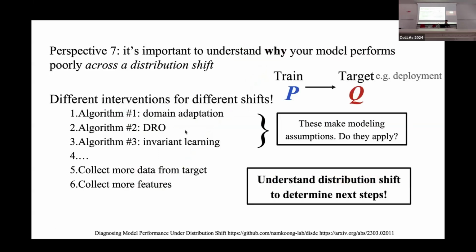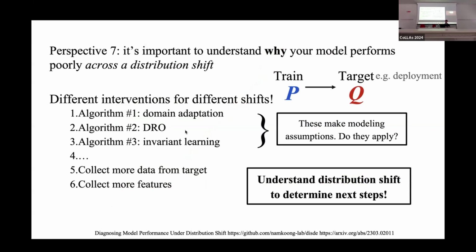Our perspective is that it's important to understand why your model performs poorly across a distribution shift, because there are different kinds of methods designed for different kinds of shifts. For example, there are domain adaptation methods, DRO methods, invariant methods, and also some data-centric ways, like collecting more data and features from the target.